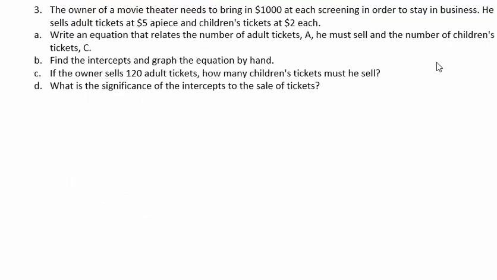Okay, and number 3, the owner of a movie theater needs to bring in $1,000 at each screening in order to stay in business. He sells adult tickets for $5 and children's tickets for $2 each.